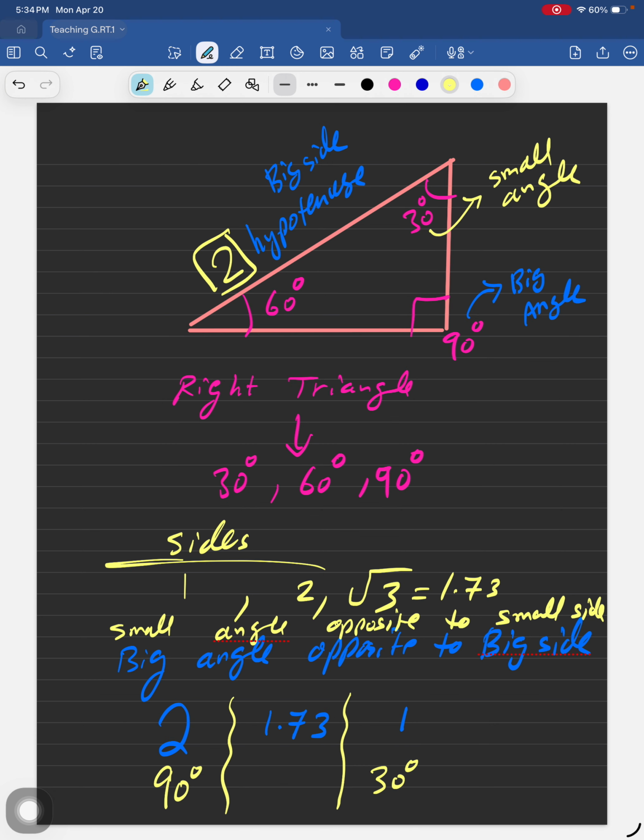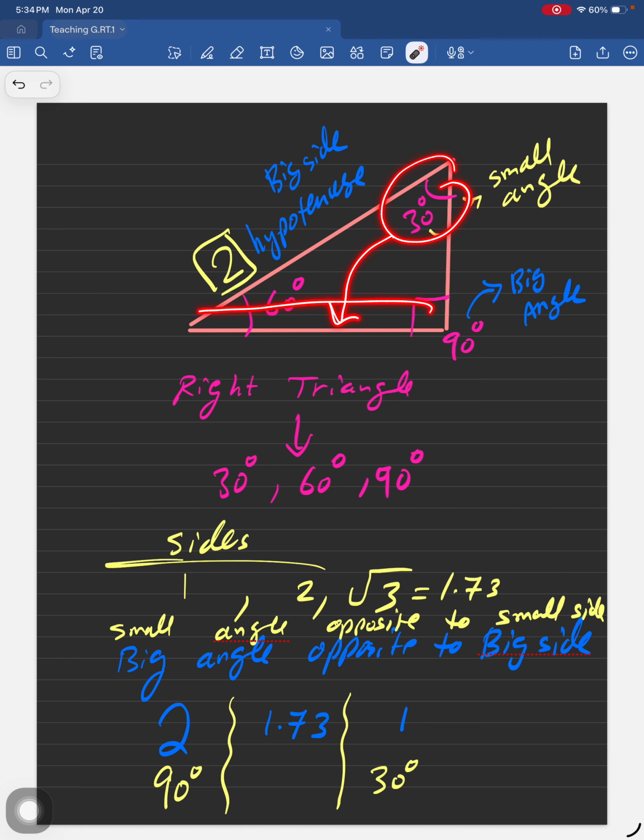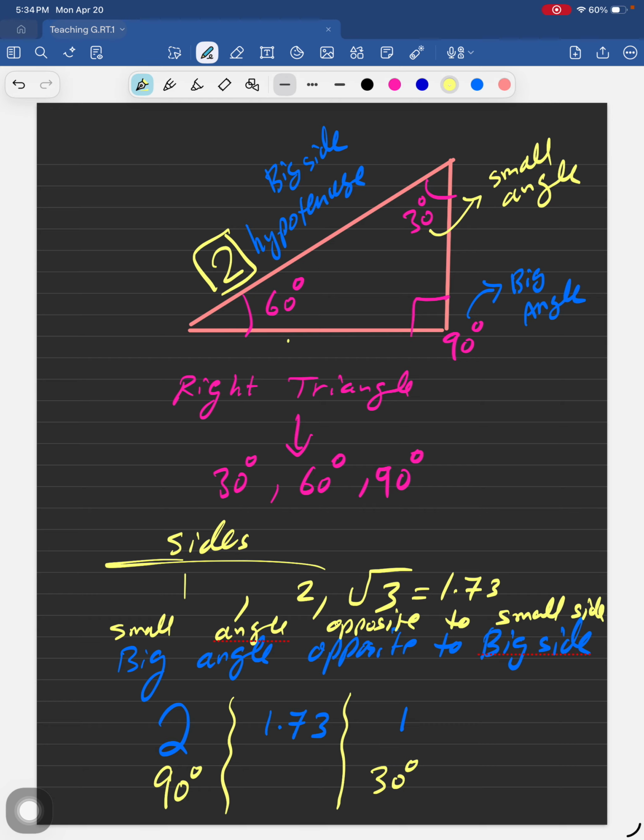So we will take the 30 with the opposite side. So here is the smallest side, and this side we can call it, if you want, leg 1, which is equal 1 unit. Now we are left in the middle with 1.73 or square root of 3. And we are left with what?